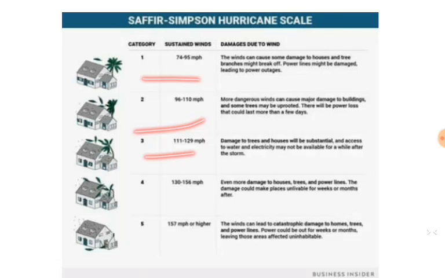For Cat 3, damage to trees and houses will be substantial, and access to water and electricity may not be available for a while after the storm, because we know that after a hurricane, water sources could become polluted, and that is why while preparing for a hurricane they always say you must get additional water and food supplies, especially tin items. For Cat 4, even more damage to houses, trees, and power lines. The damage could make places unlivable for weeks or months after.